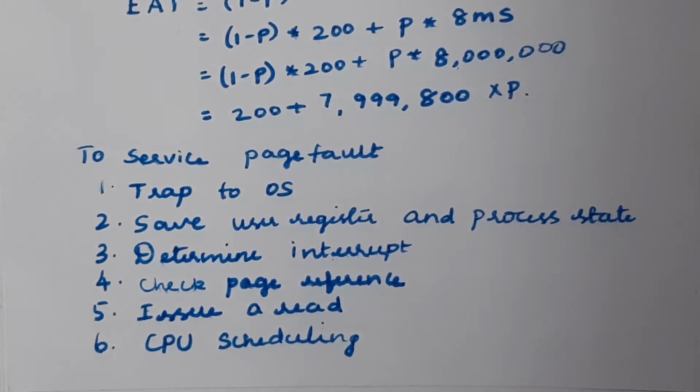Next step is save user registers and process state, because in the middle of execution only you will be getting the page fault, which means you are just trying to execute the entire process. So you need to save all the user registers or the process state, whatever is currently executing.